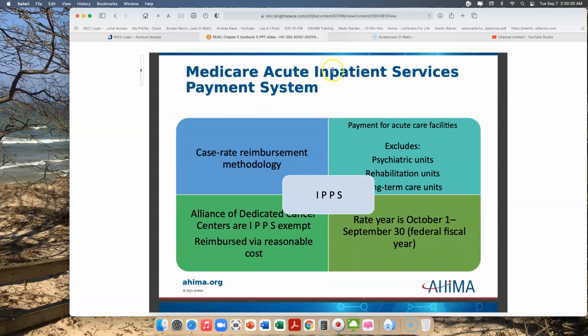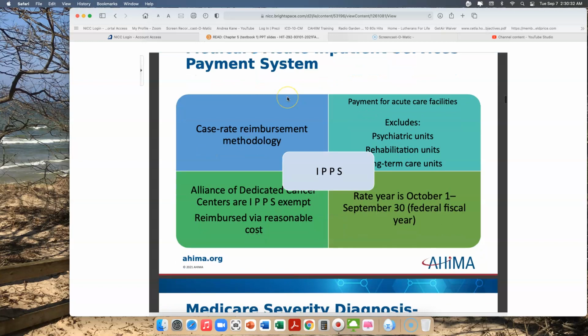When we're looking at the acute inpatient side of all of this, it includes case rate reimbursement methodology. Again, I told you the federal fiscal year is October 1st through September 30th. There are some exclusions. Inpatient psychiatric units, inpatient rehabilitation units, and long-term care units are excluded from IPPS.